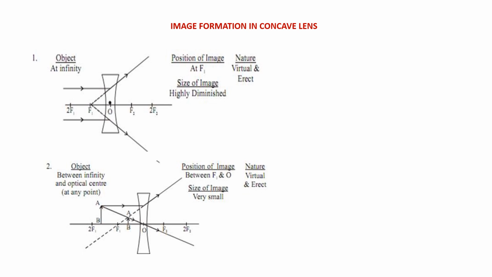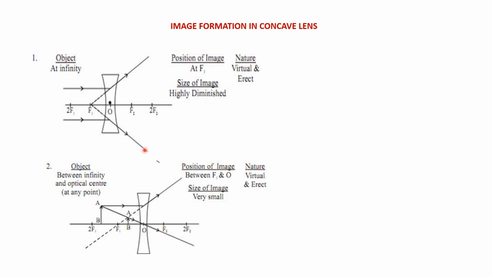Here the two rays are coming from the object which is kept at infinity, right? The first ray, which is parallel to the principal axis, will get diverged after refraction. Take the second ray also; after refraction, it will get diverged.